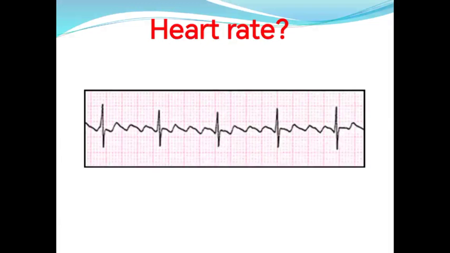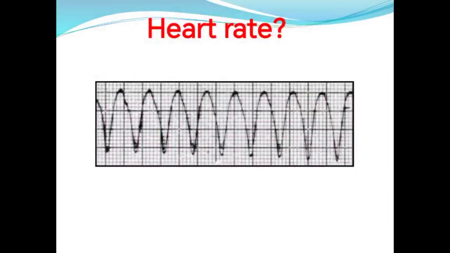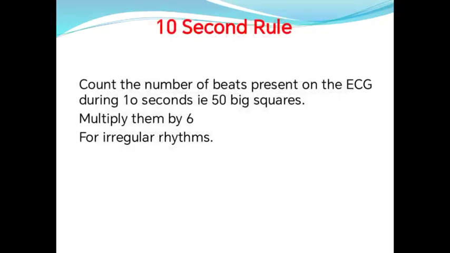So what's the heart rate here? Calculate 1, 2, 3, divide 300 by 3, and it equals 100. Or by 4 here, 300 by 4 equals 75 beats per minute. What's the heart rate here? 300 divided by 1.5 is 200 beats per minute. So this is the rule of 300. It's very simple.